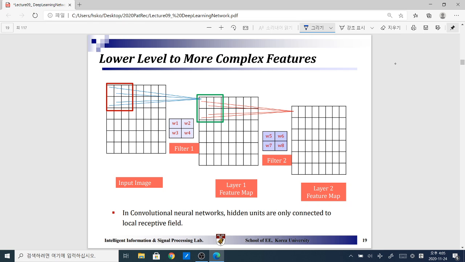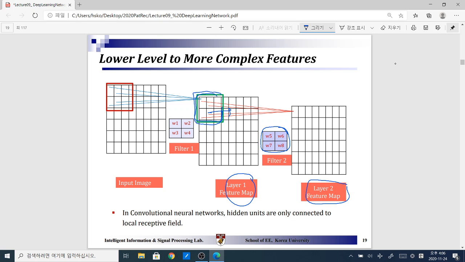After going through, say, layer 1, you develop this feature map. And then you also have layer 2 going through using, say, a second filter, where the second filter also performs, once again, using this receptive field, performing convolution. And then the convolved result goes through the ReLU activation function and so forth. So then it goes through the second layer feature map.